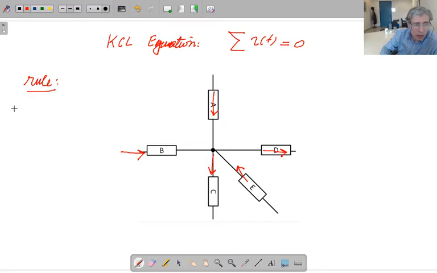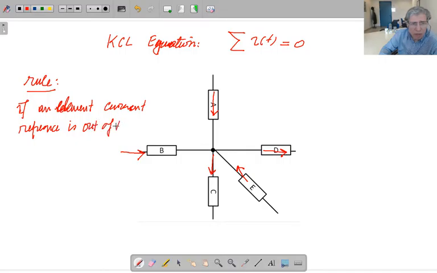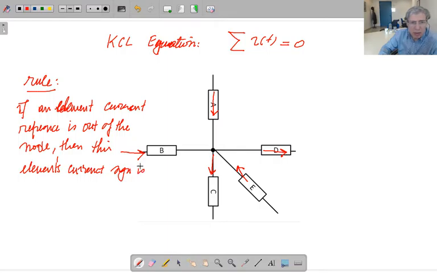It says if an element's current reference is out of the node, then this element's current sign is plus.